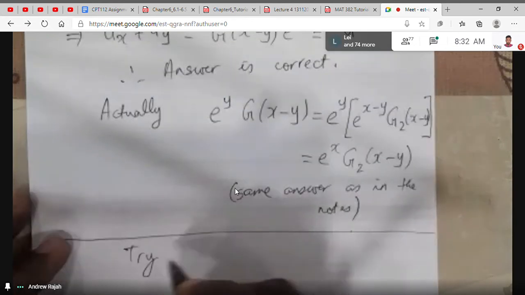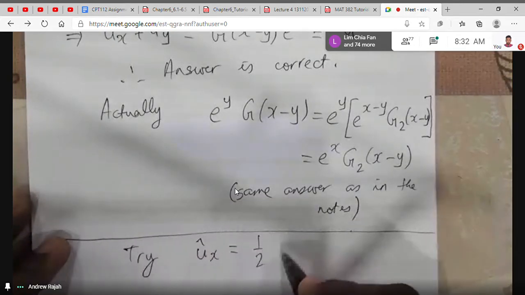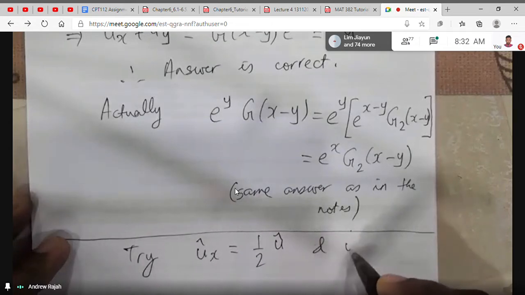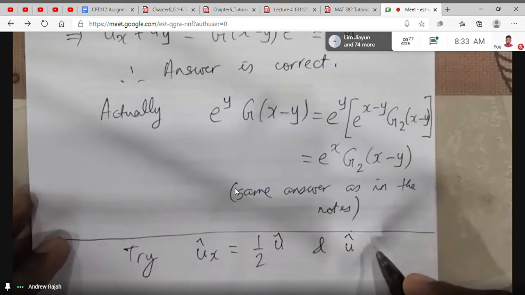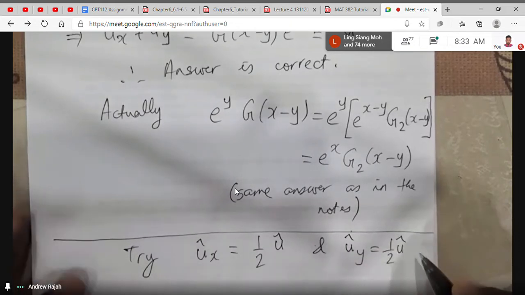Try, you had x equals to half, and you had y equals to half.